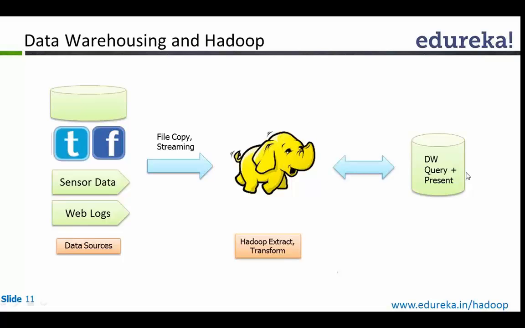So Hadoop gives you unlimited scale. When I say unlimited, to an extent it is not infinite, but you can scale to whatever your business needs to store and process information.